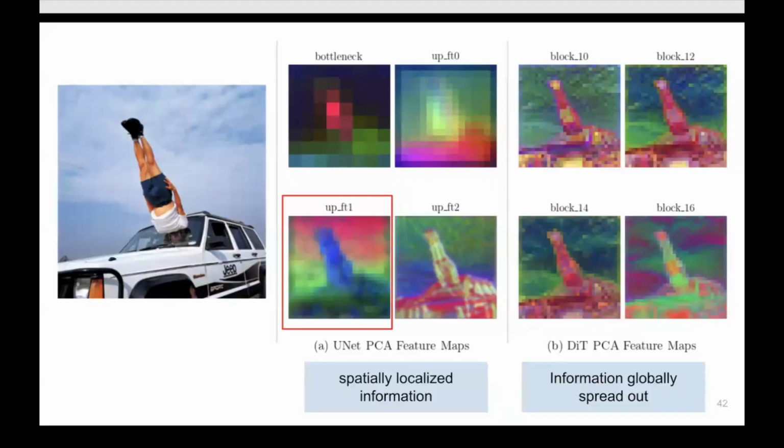The hypothesis here is that there is attention and everything attends to everything, so maybe that has an impact on how much spatially localized information is being packed in these features.